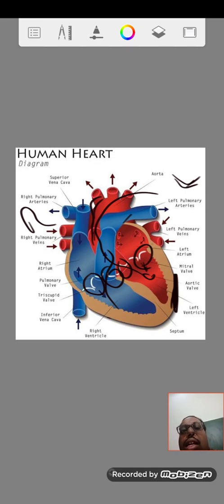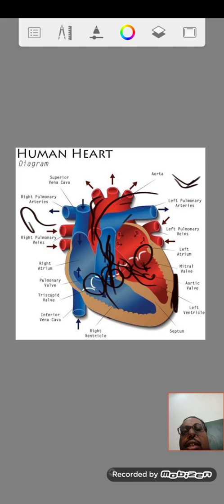This aorta is responsible for carrying the oxygenated blood from this part of the heart to the other areas. The same way here also we have one, which will carry the blood to the lungs.